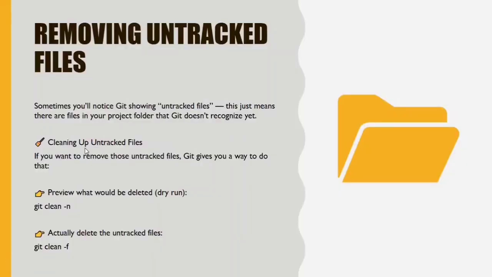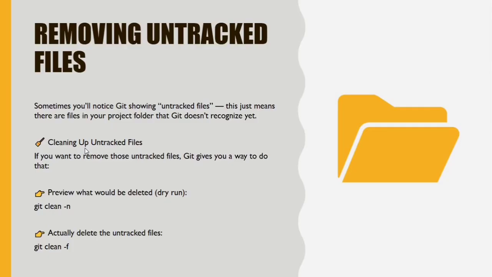Now let's understand a very small topic of removing untracked files. Sometimes you will notice Git is showing untracked files when you run the command git status. This just means there are files in your workspace or working directory that Git doesn't recognize.